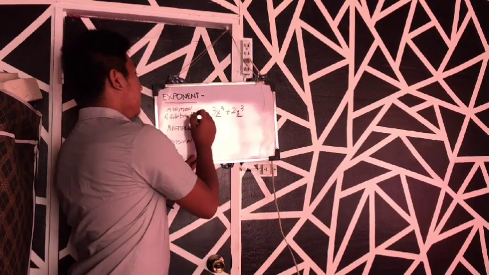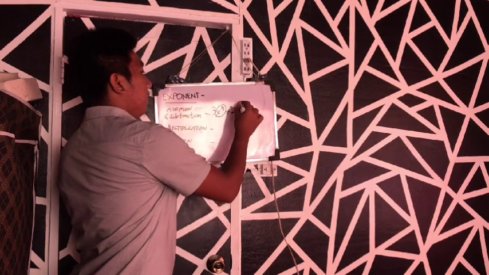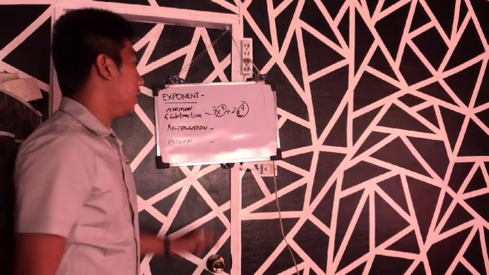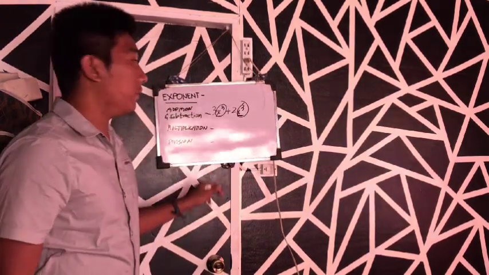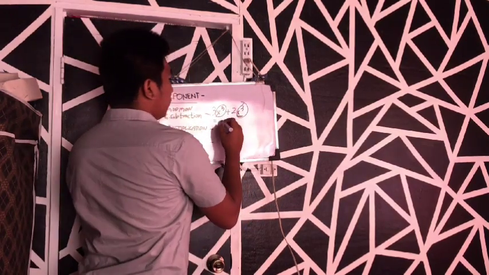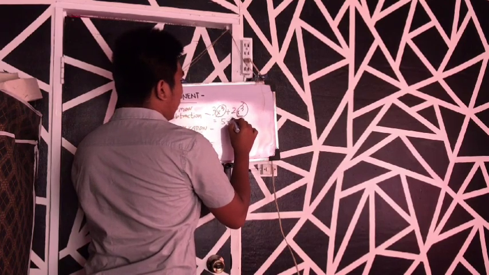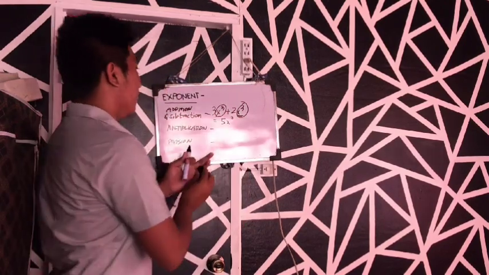In addition and subtraction, the variable and the exponent must have the same value so that you can add or subtract a given algebraic expression. As we solve this, 3 plus 2 is equal to 5, and then copy the variable and the exponent.